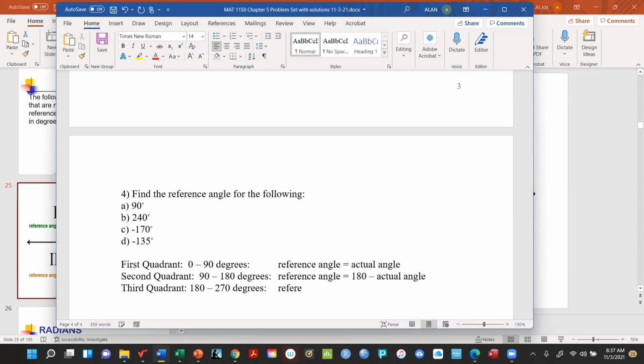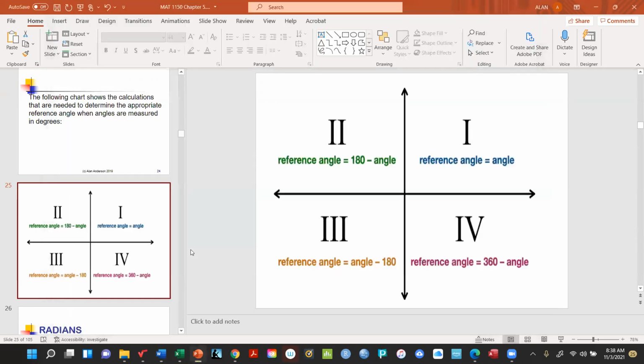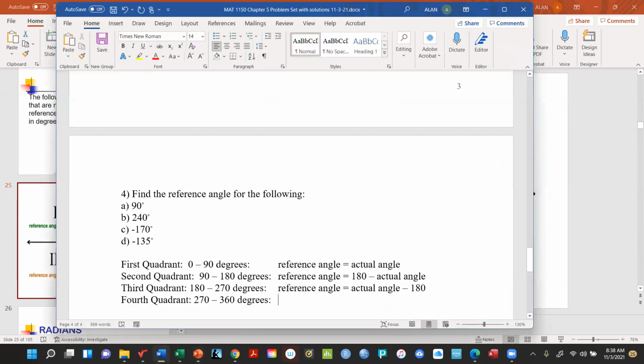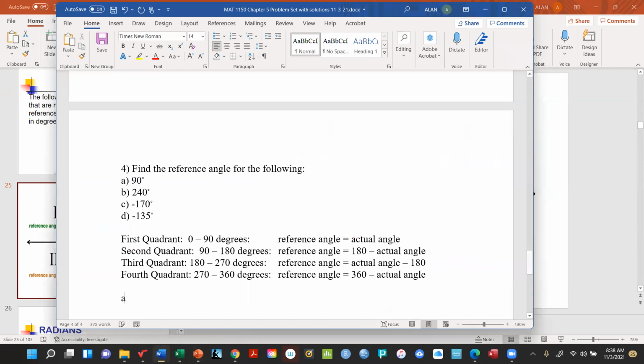The reference angle equals the actual angle minus 180 because it's larger than 180. And then if you're in the fourth quadrant, which is between 270 and 360 degrees, then you're looking at 360 minus the angle. So for part A, 90, your answer is 90.